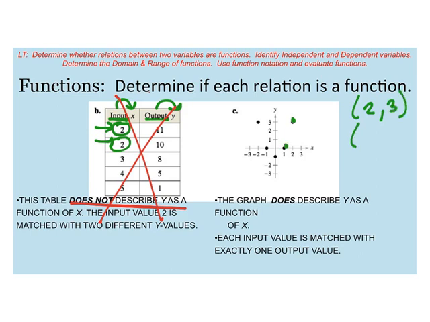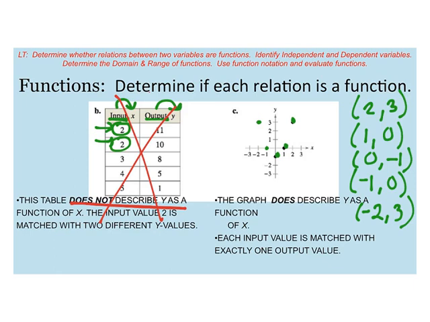We have another point at (1, 0), (0, -1), (-1, 0), and (-2, 3). So maybe you wanted to list all those coordinates out vertically so that you can see there is no repeat x values.